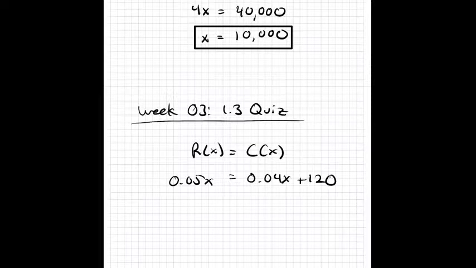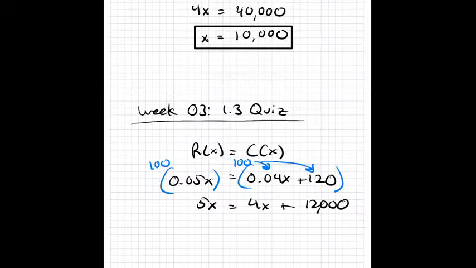I feel like I have a better chance of not making mistakes that way. So I'm going to multiply the left by 100 and the right by 100, and distribute that 100 on the right. On the left, I get 5x. On the right, I get 4x plus the 120 with 2 additional zeros, so 12,000. Subtract 4x on both sides. This cancels to 0, and we get x equals 12,000 units.